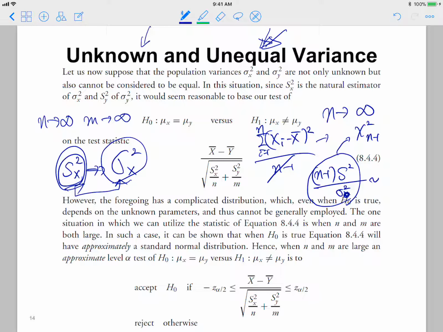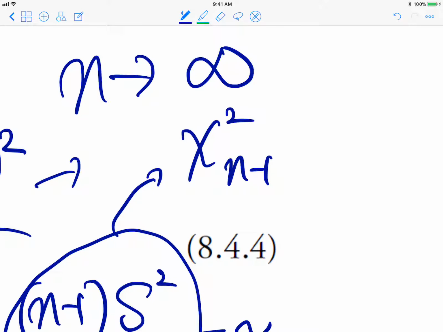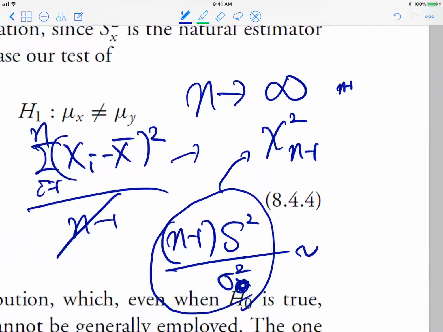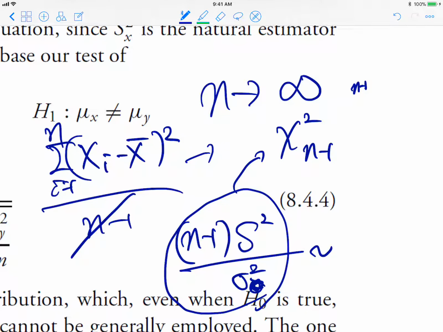What was the mean and the variance of this case? Mean was n minus 1. It is really simple, because it is like the summation of zi squared, with i from 1 through n.